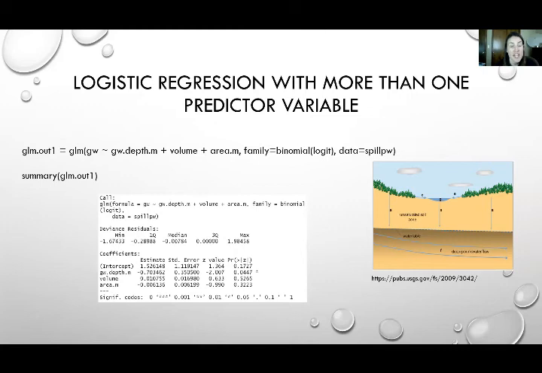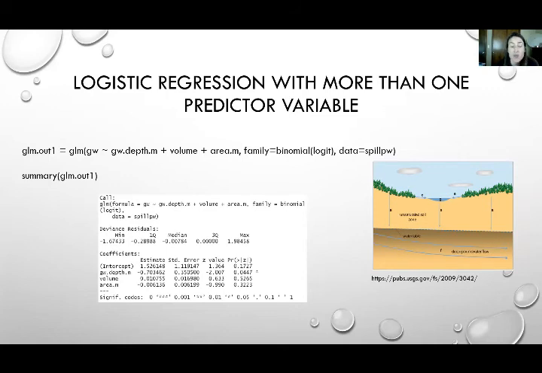And then we're saying, can that be adequately predicted by the depth to groundwater at that site? That's the question I had already asked. But here I'm taking it further. I'm saying, can the risk for groundwater contamination be adequately predicted by the depth to groundwater at the spill site, and the volume of water spilled, and the area affected?